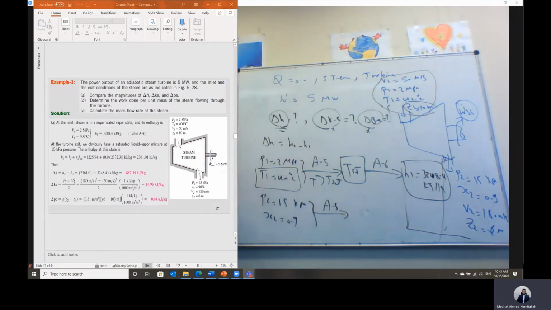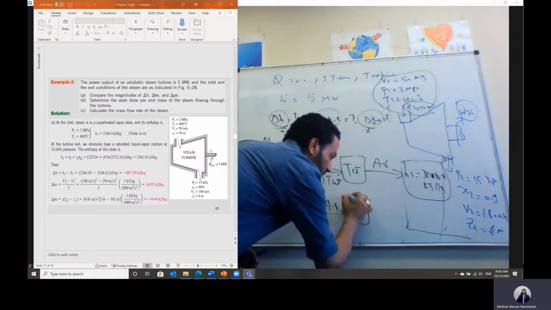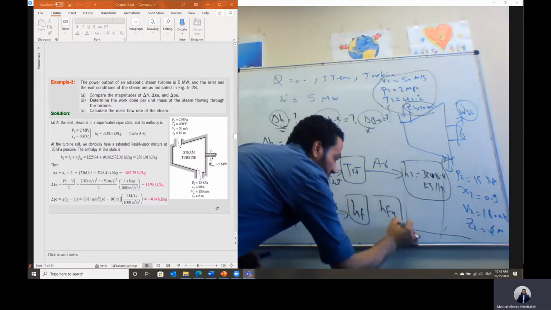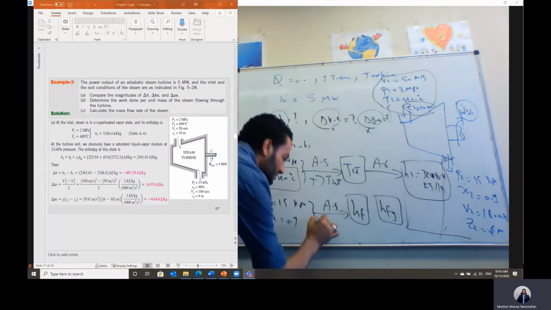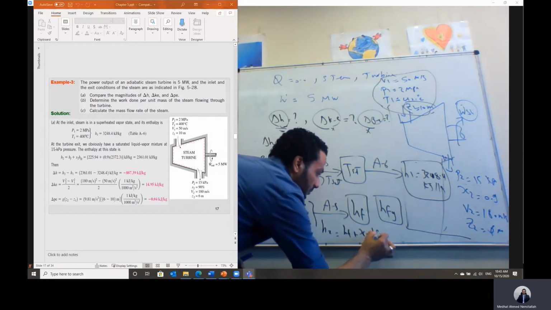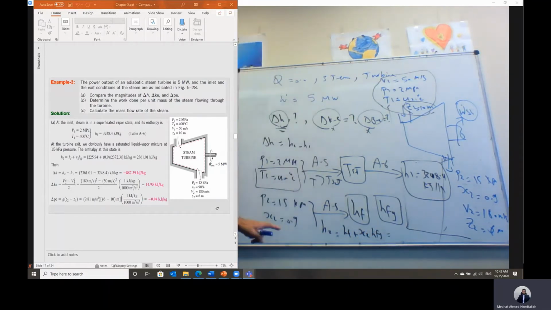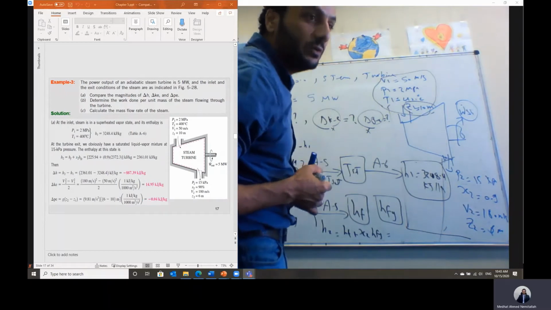I need to calculate enthalpy H2, and since X is given, I will get H fluid and also the value of HFG from the table at this pressure. Then H2 will equal H fluid plus X2 multiplied by HFG, where X2 is equal to 0.9. We substitute to get the value of H2.